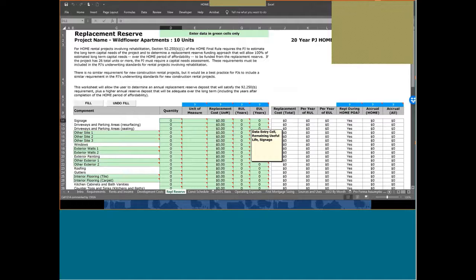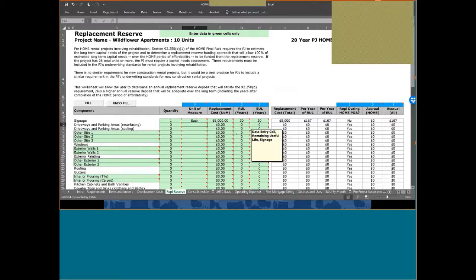So we want to look at what it is going to cost to keep the property in good shape for 20 years. We'll start with a simple one, which is site signage, and we're going to say there's one site sign. So that's on each item. And that site sign costs $5,000 to replace, and that it has a 30-year remaining useful life and a 30-year effective useful life.